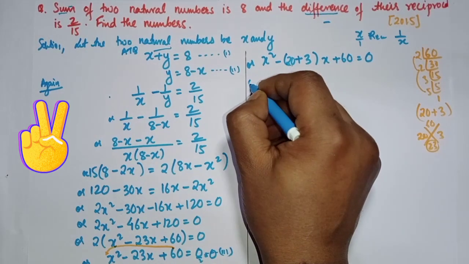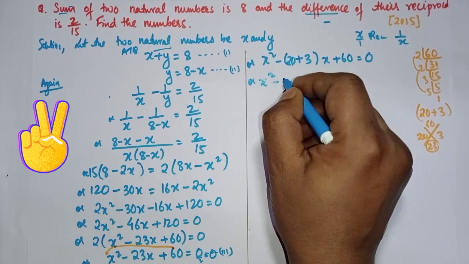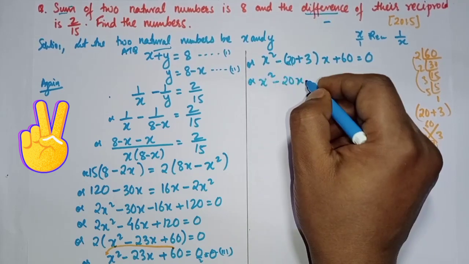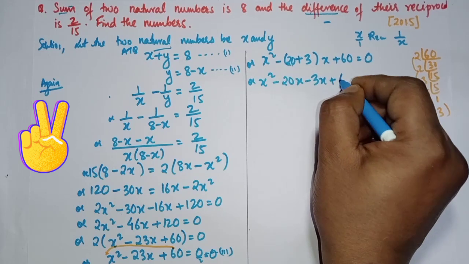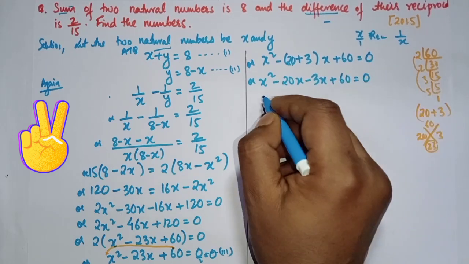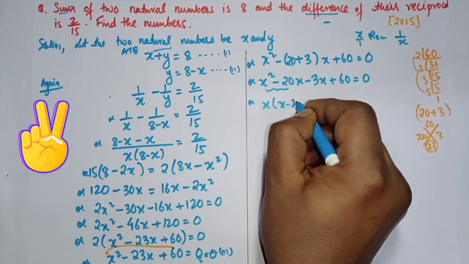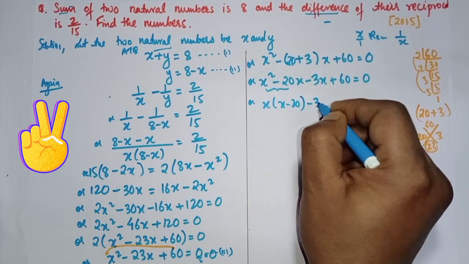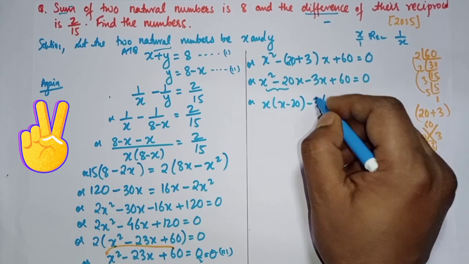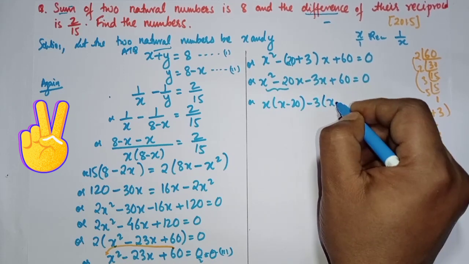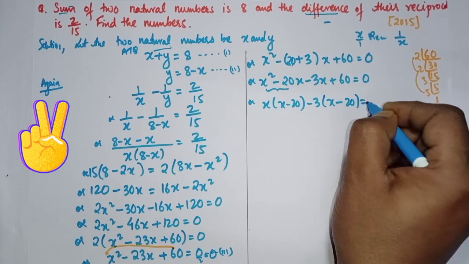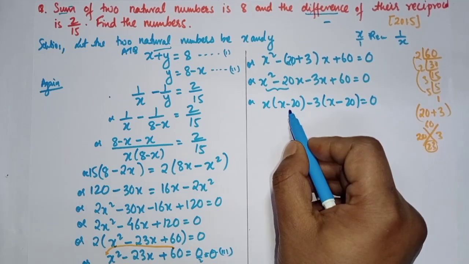So I got finally here: x square minus 20 into x, 20x, minus plus is minus 3x plus 60 equals 0. Now what I have to take? Common. What will be common in this? X, obviously. X minus 20. In this what will be common? Minus 3. So it will be x, see, plus, so it will be minus. Minus is plus, so it will be 20 equals 0. Already I have told you this bracket has to be the same.